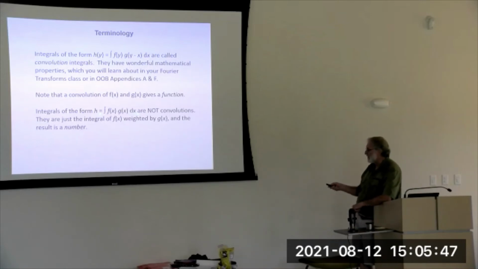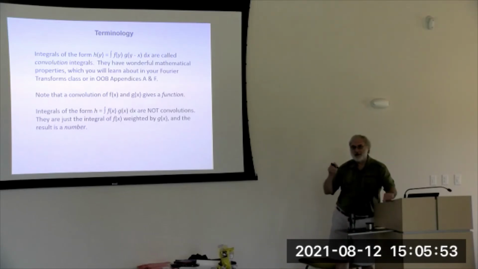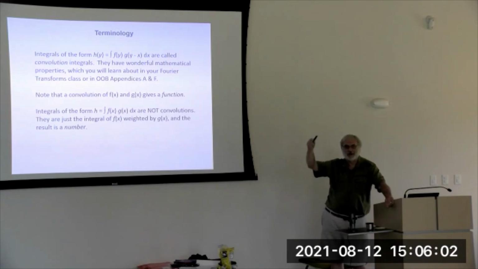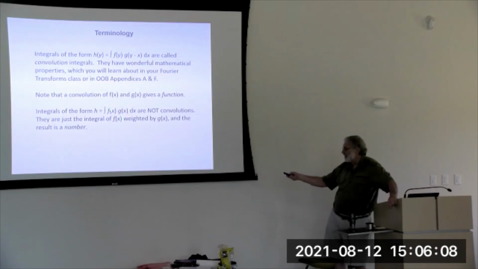And it drives me crazy that people will write a paper and say, well, we have the spectral irradiance that we measured in the ocean, and we convolved that with the spectral response of our sensor, and we got the value we measured. That's not a convolution. This is the irradiance in the ocean times the spectral response of the sensor.